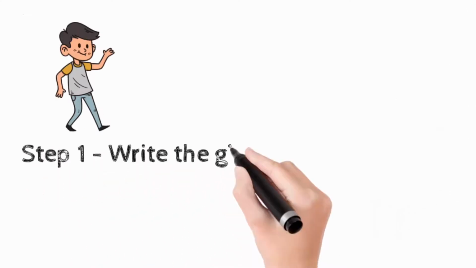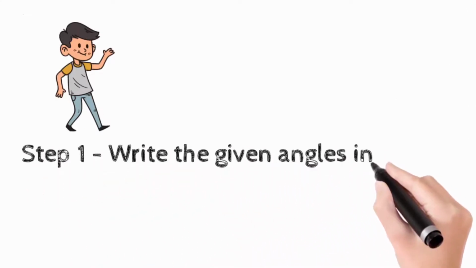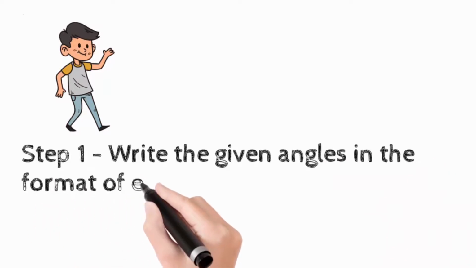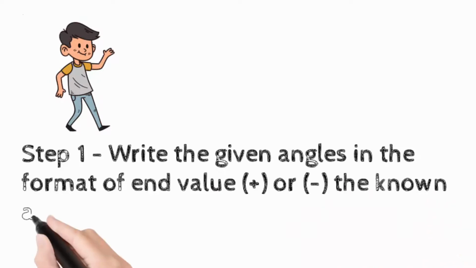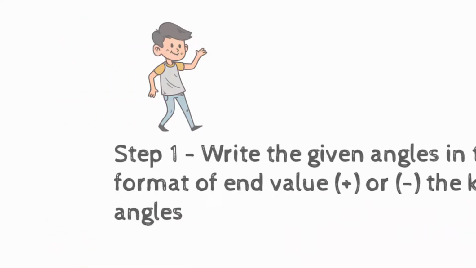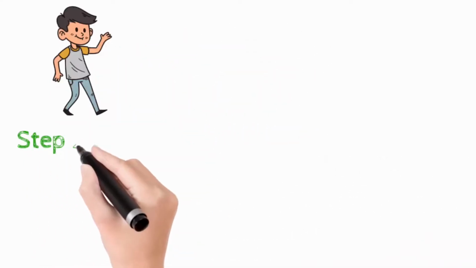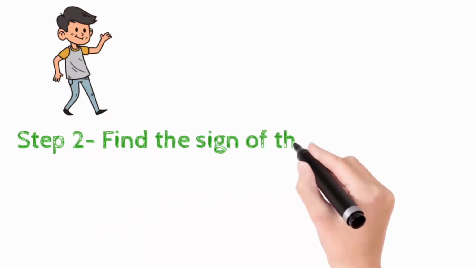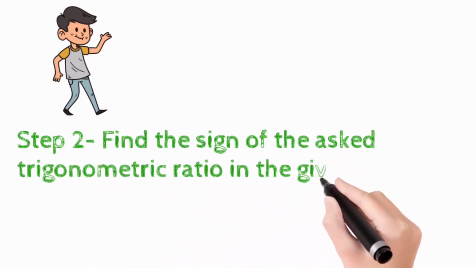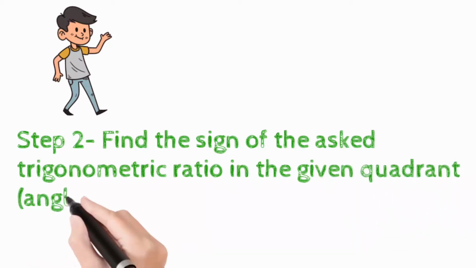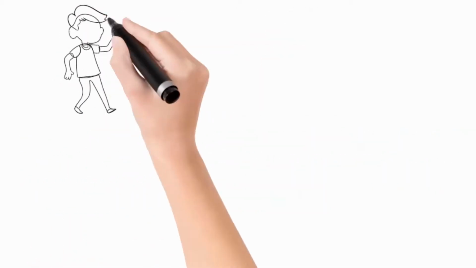Now the steps. Step 1, what we have to do is write the given angle. The angle that is given can be written in the format of the end value of the quadrant, so we know into which quadrant it belongs. So you can take the end value of the quadrant plus or minus the known value. The second step is to find the sign of that given trigonometric ratio in that particular quadrant.